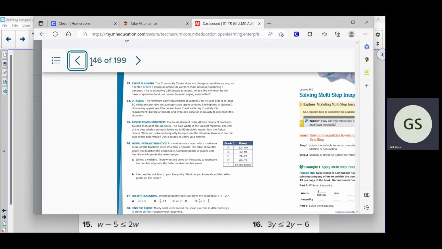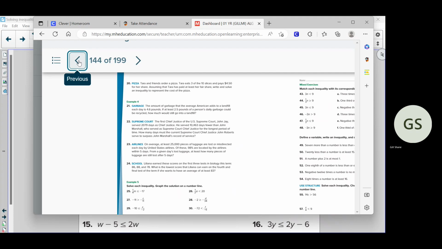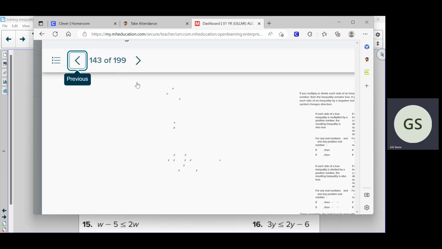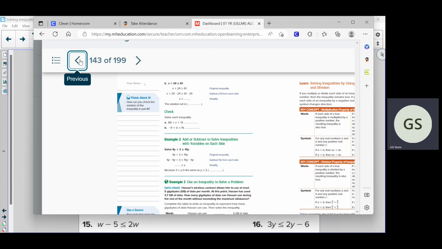Oh, I know. No. The wrong page. Oh, I was on the wrong page. There we go.